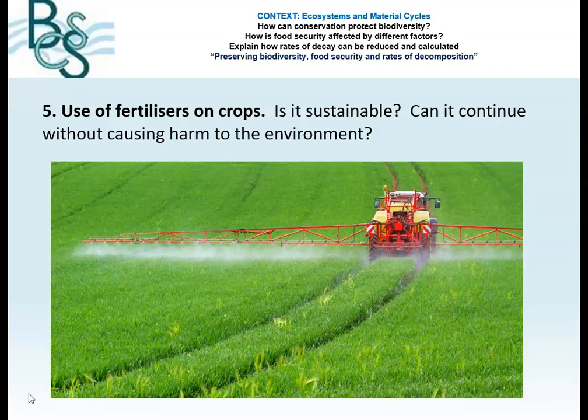But the difficulty with this is that it might not be sustainable. That means, can we still keep adding fertilisers to the soil and increasing the amount of fertiliser to the soil without it causing harm to the environment? We will reach a peak where we can keep adding fertiliser, but actually it's not going to increase the crop yield any more than it does already.